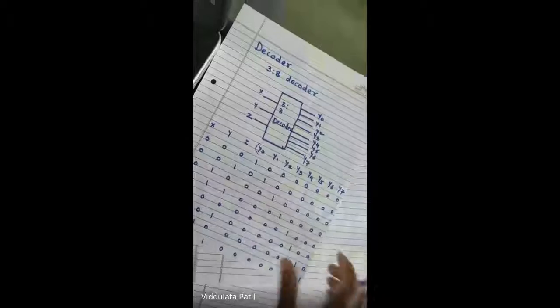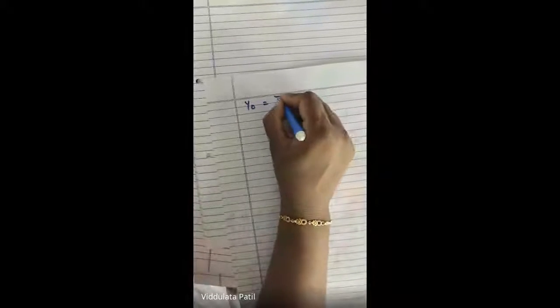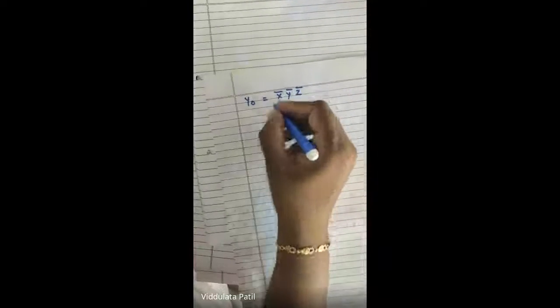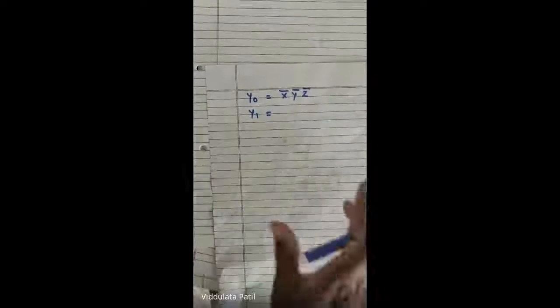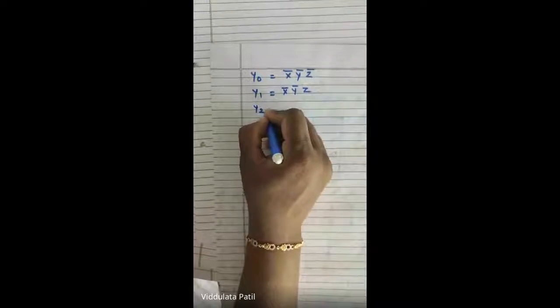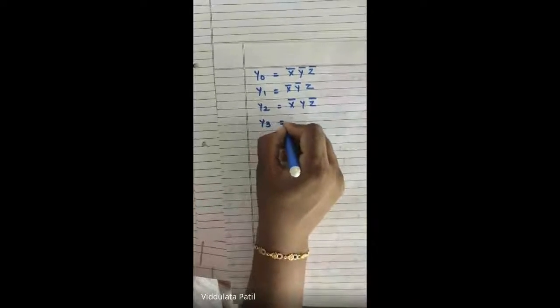So y0 is equal to x bar y bar z bar. Okay, y1 will be equal to that. What will be y1? X bar, y bar, z. Y2 will be equal to x bar, y, z bar.